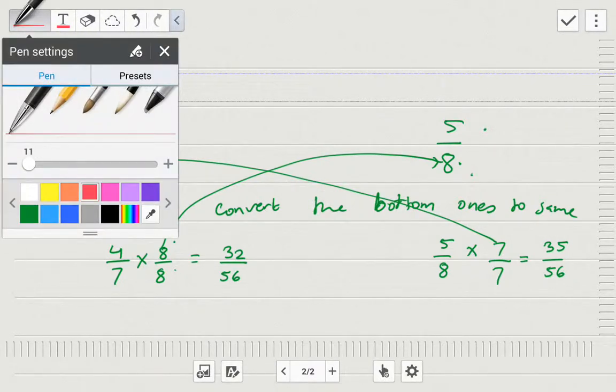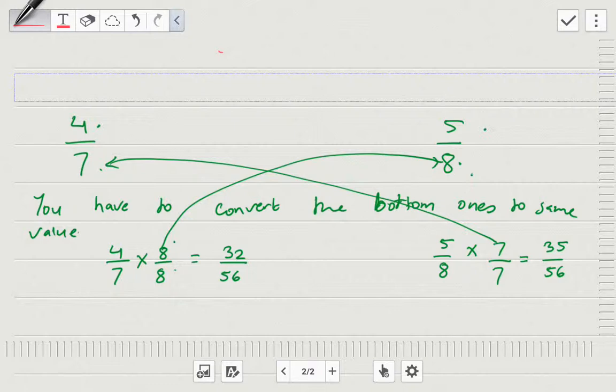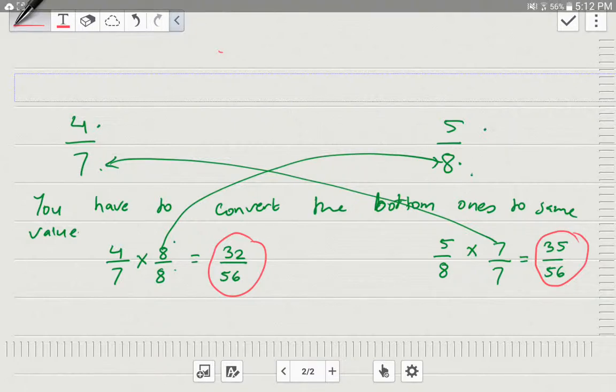What I mean by that is, if you master this particular process where you convert the denominators of any fraction to a different denominator, if you understand what's going on here, you can do all sorts of calculations with fractions.